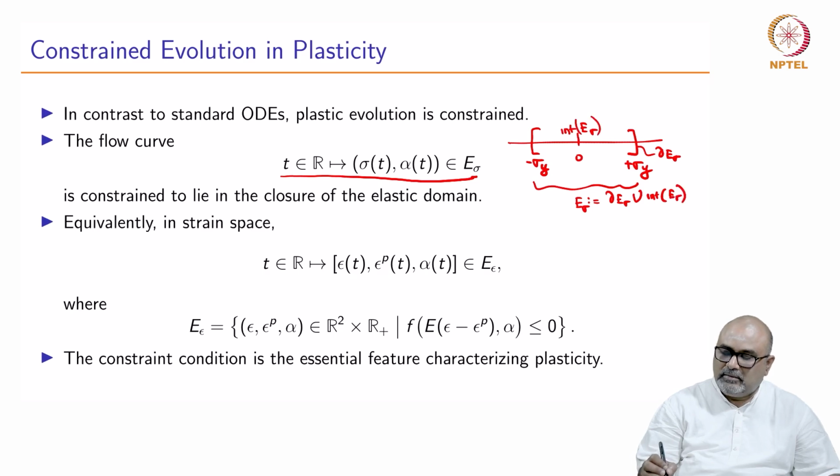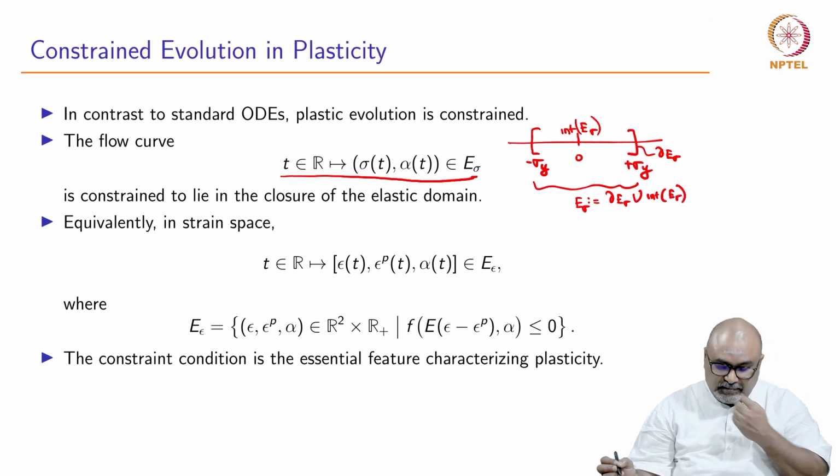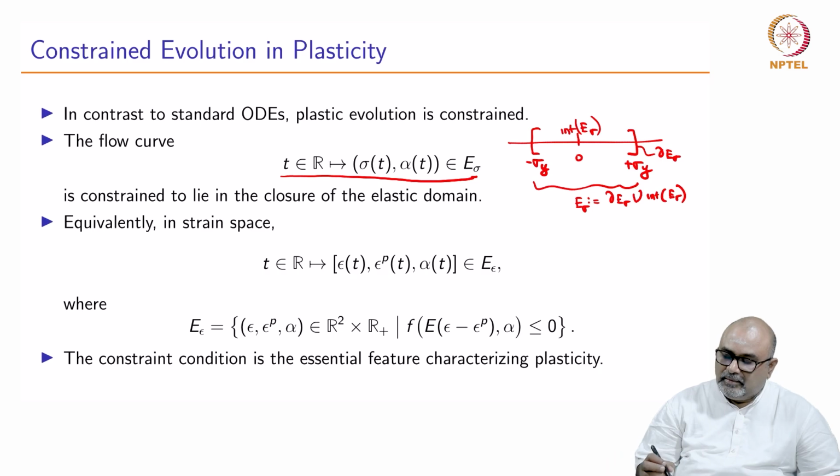So, that together is going to give you E_σ, and our sigma of t and alpha of t are defined inside this region, and we want to constrain it within this elastic range that we are having.